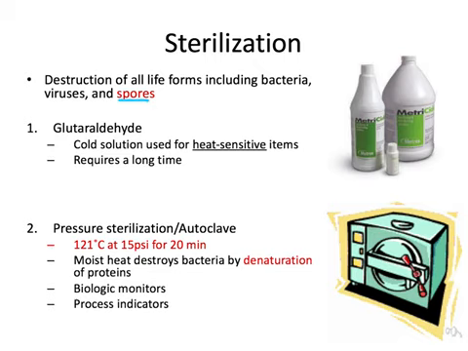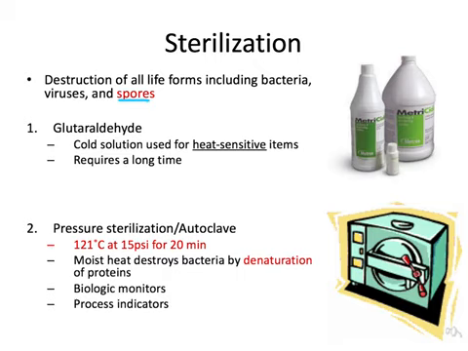So glutaraldehyde is our first method of sterilization, and this involves making a bath of cold solution used for heat-sensitive items. So this could be like rubber ligature ties in orthodontics, or plastic impression trays, things that can't withstand very high temperatures. But this does require a long time of said instruments sitting in this bath of glutaraldehyde solution.